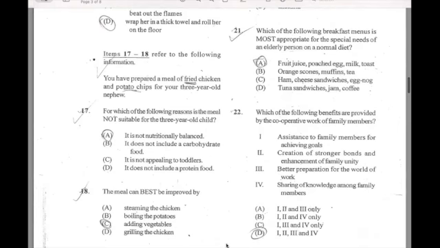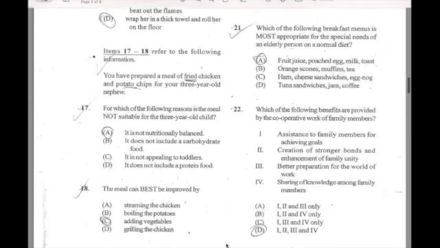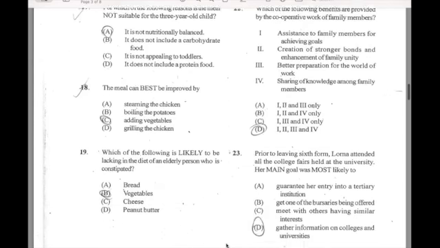And they gave us some responses. Assistance to family members for achieving goals, creation of stronger bond, and enhancement of family unity, better preparation for the world of work, sharing of knowledge among family members. So if your answer is all of the above, then you're correct.